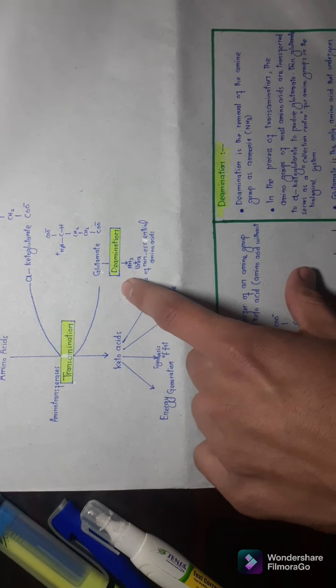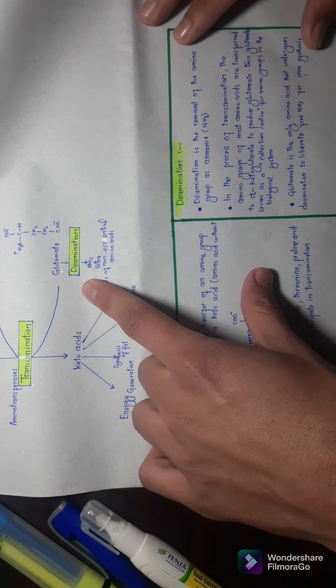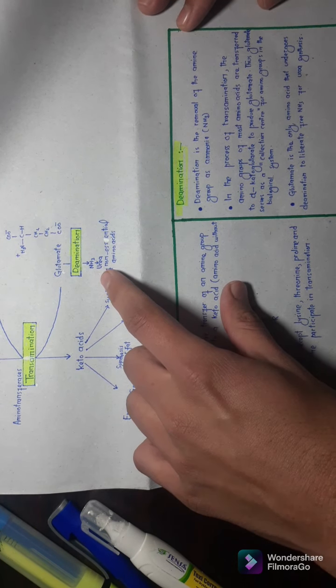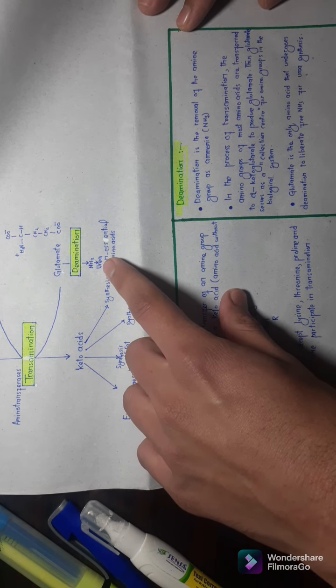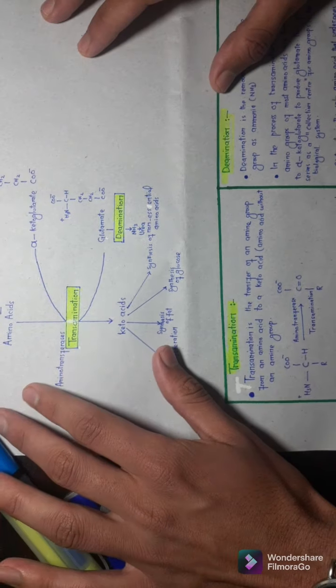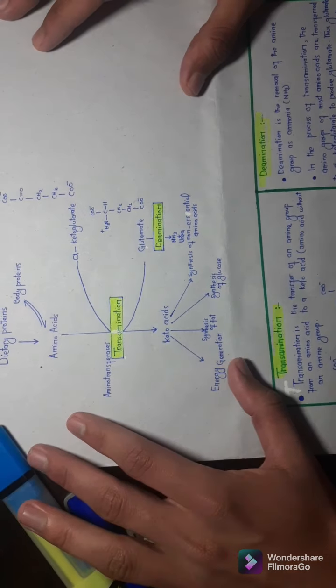So glutamate is the only amino acid that undergoes deamination to liberate free NH3 for urea synthesis.